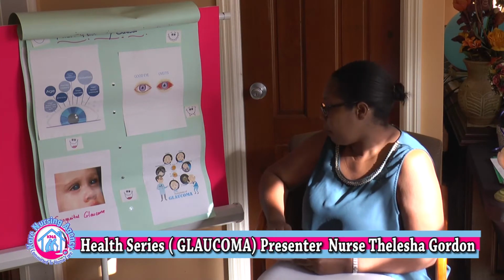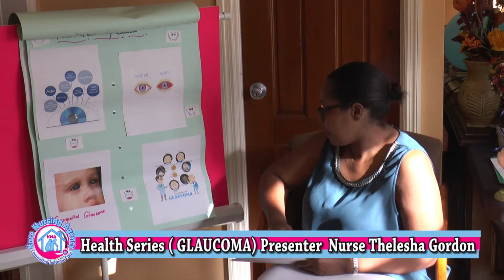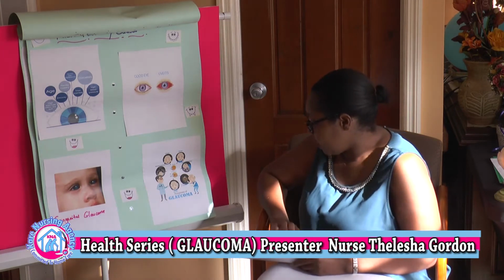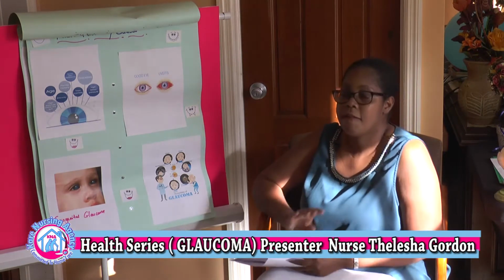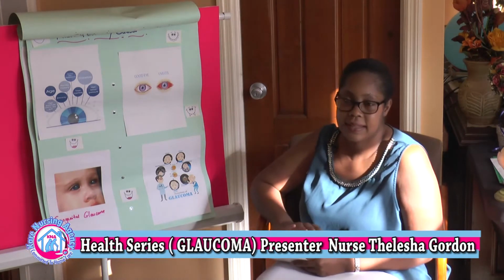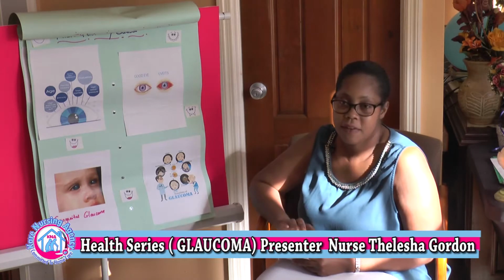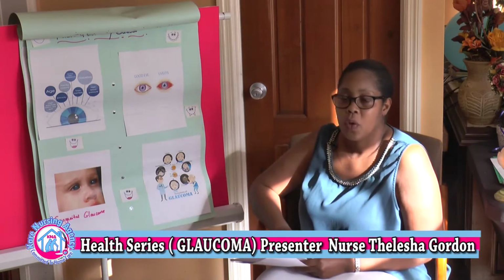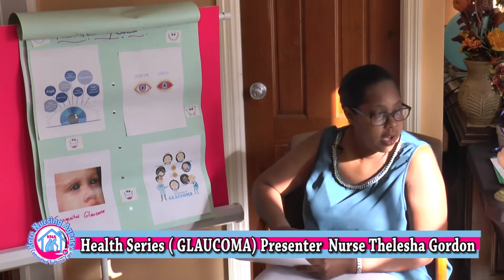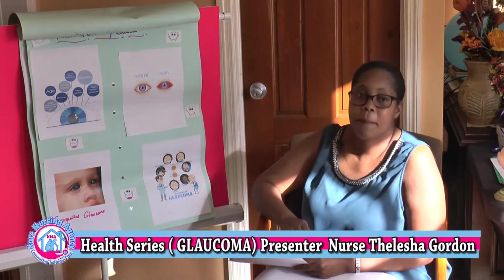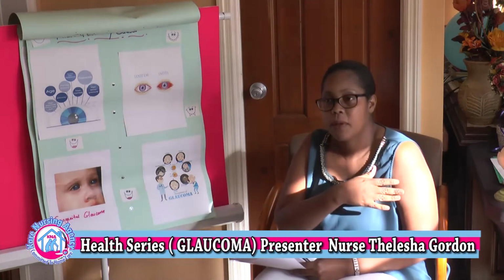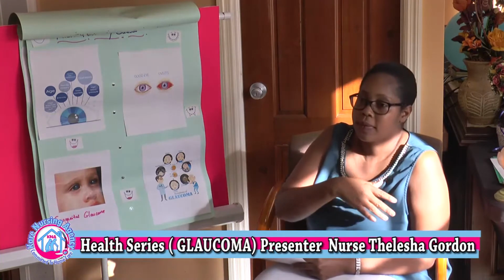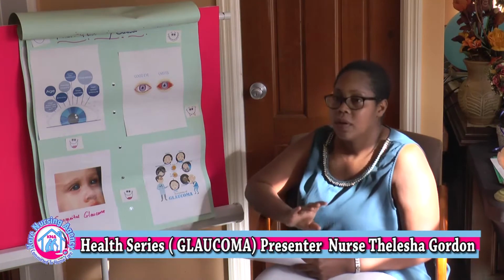Some persons might complain of nausea and vomiting, visual impairment, and eye pain. Visual impairment might not be at the first instant, because as I say, the silent thief of sight, it comes from the side. Some persons might say when they're driving, they can't see around the corner, they have to turn their head, or when they're leaving through a door, they might be going into the doorpost because they have to turn to see the doorpost.